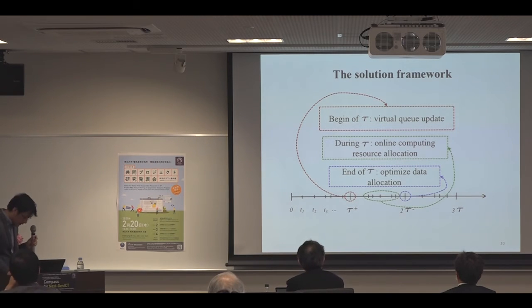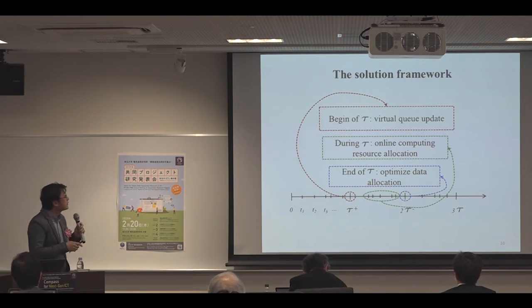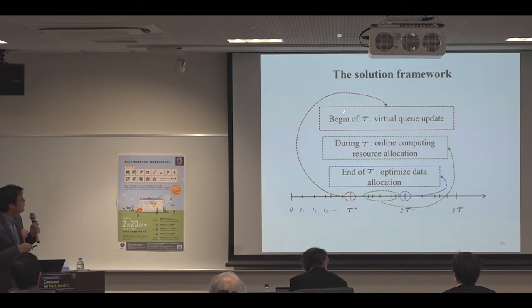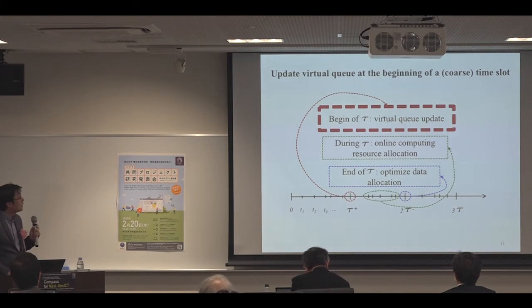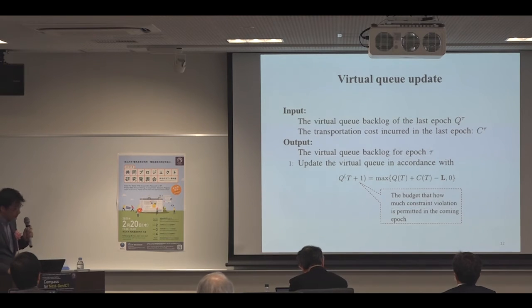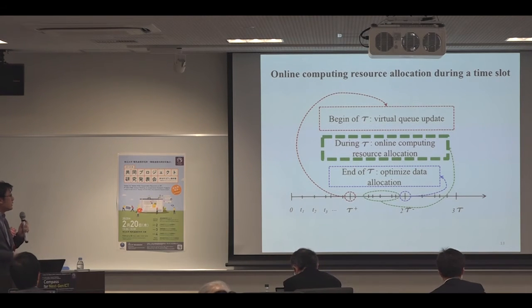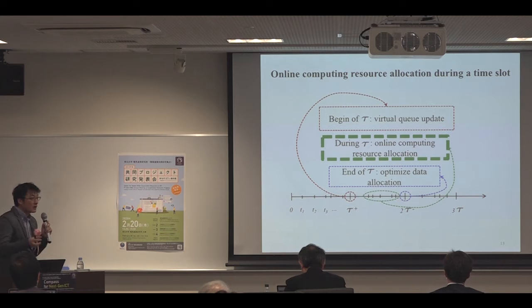This is a summary of the solution framework. We introduced the virtual queue, and in the beginning of every time slot we update the virtual queue. Then there is another issue we have to overcome.